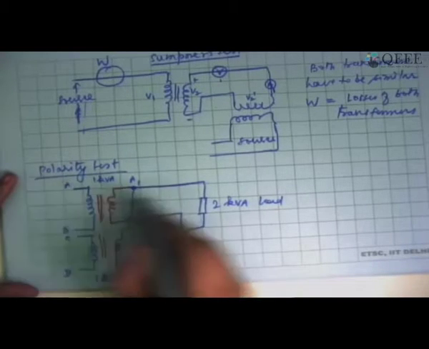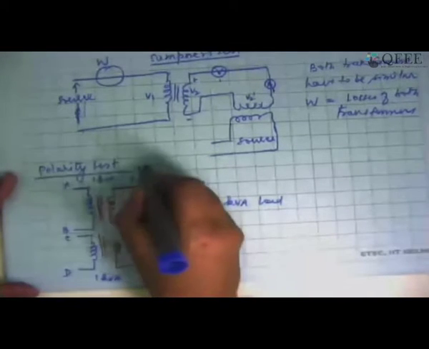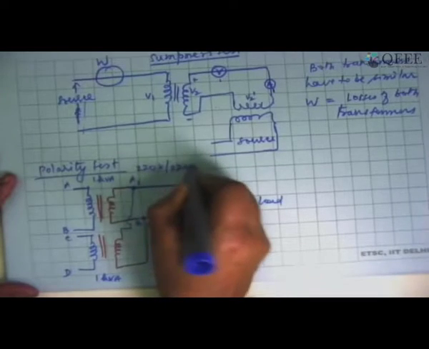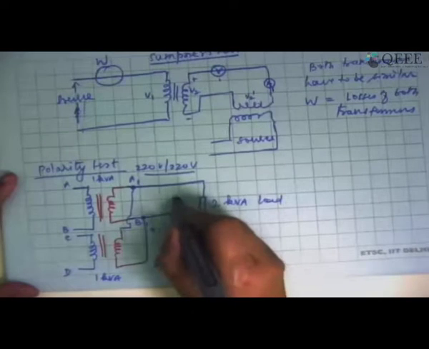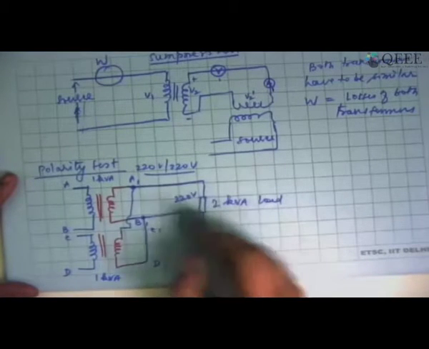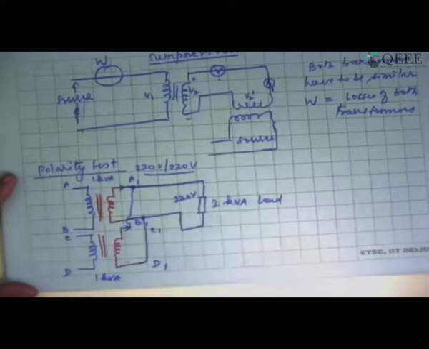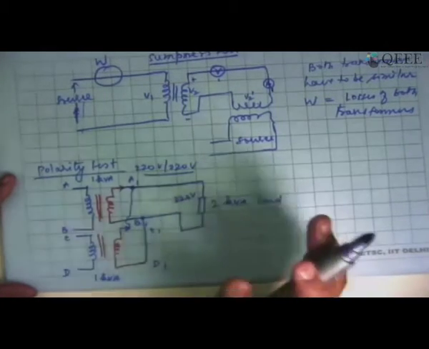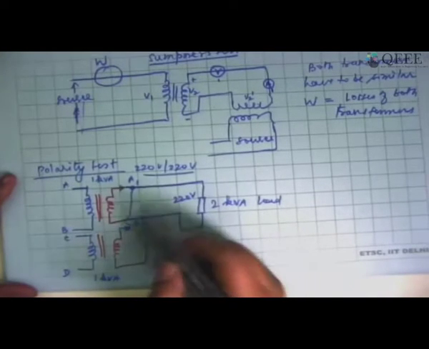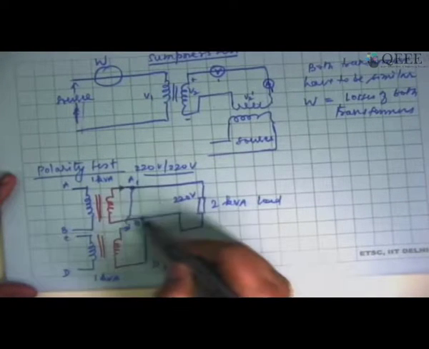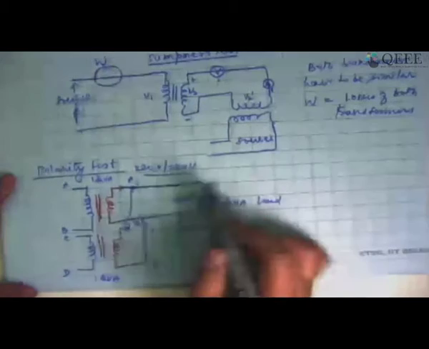Now, let's say this is a 220 by 220 volts transformer itself. Okay. So I'm going to have 220 volts only coming up across this, but each of the transformers will contribute 1 kVA. So I can connect a 2 kVA load. I can't connect the transformers arbitrarily unless I know that A1 and C1 are having the same polarity.